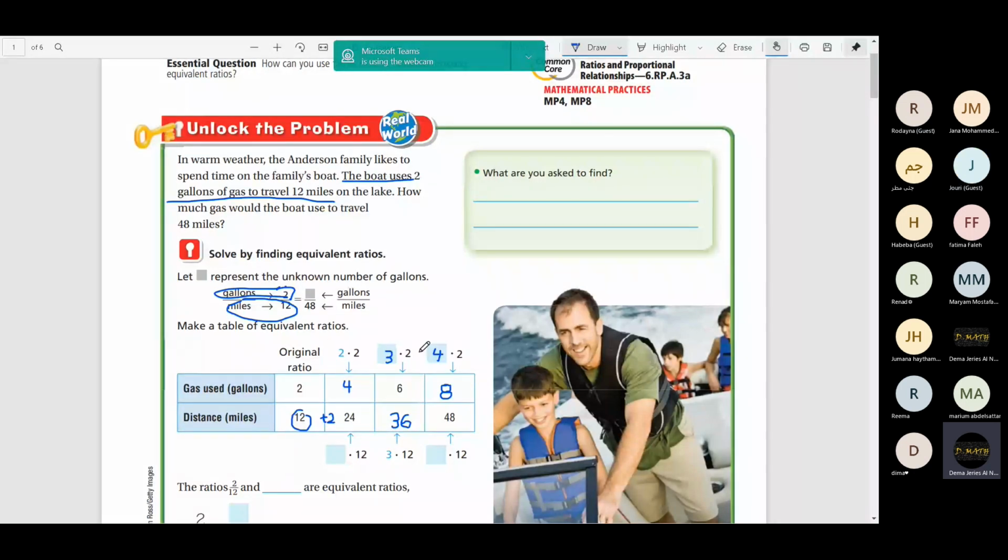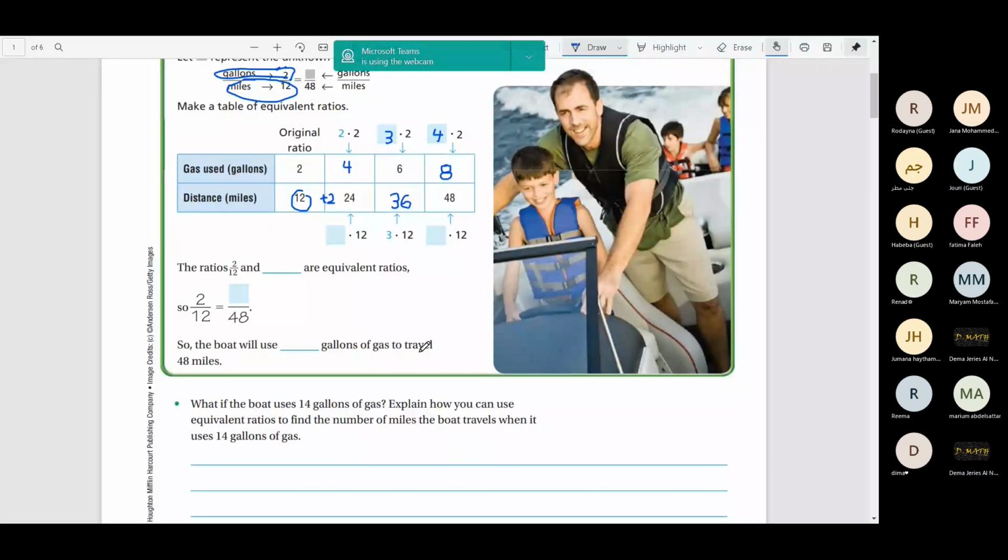So that is one of the ways, by the table. Now I will give you another way, without using the table. They told me 2 gallons per 12 miles. Focus with me, please. They asked me now how many gallons, so the gallons here is unknown, per 48 miles.